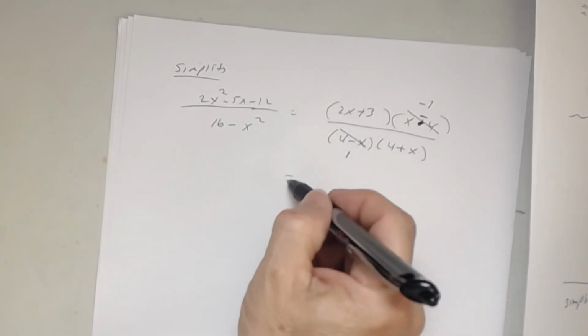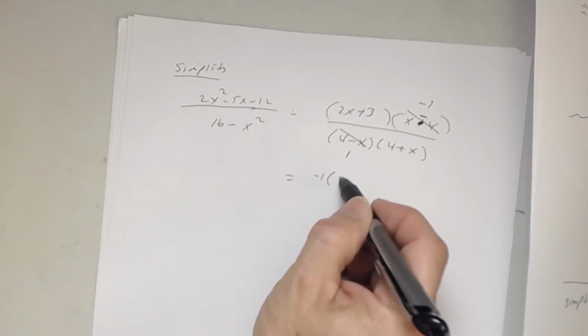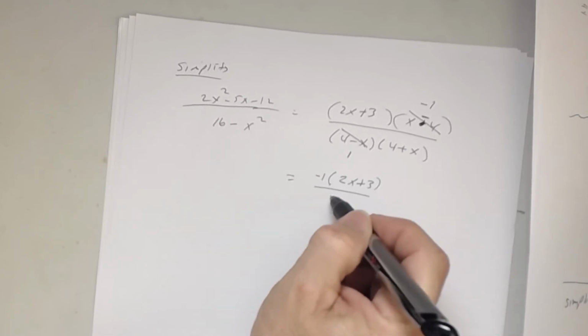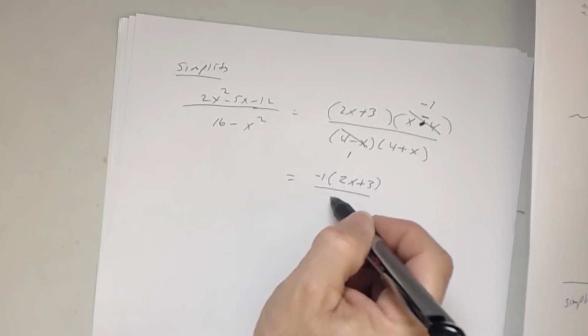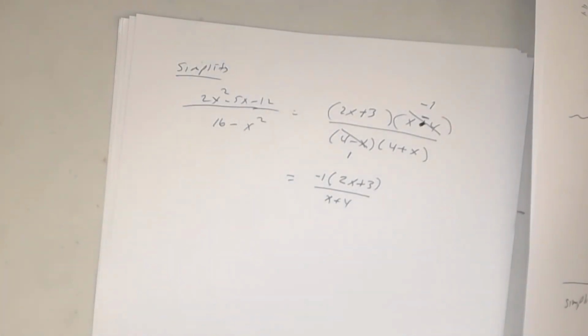And so my numerator then would just be negative 1 times 2x plus 3 over what? x plus 4. Or you could have just said what? 4 plus x. Doesn't matter. But do you understand that 4 plus x is the same as x plus 4? Okay. That's one way to write it.